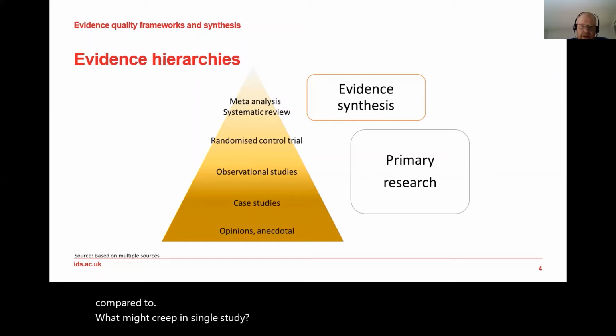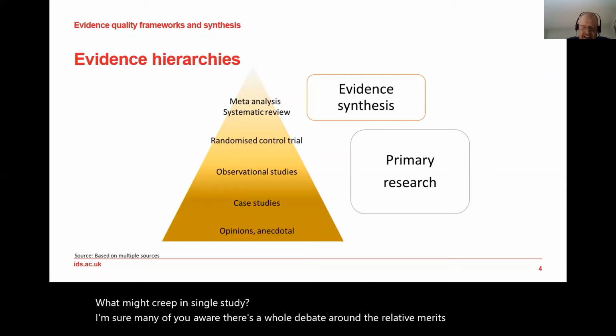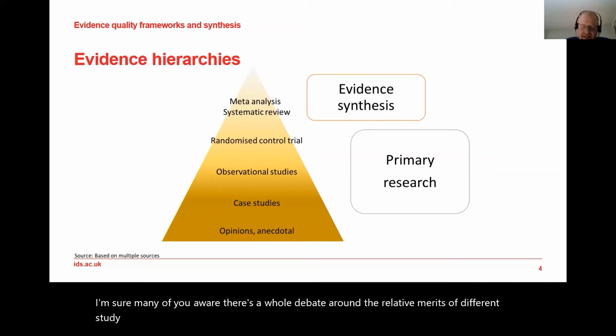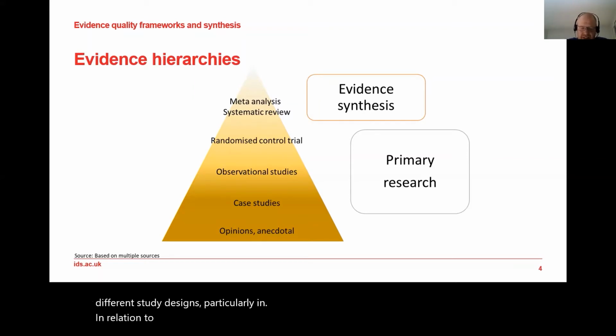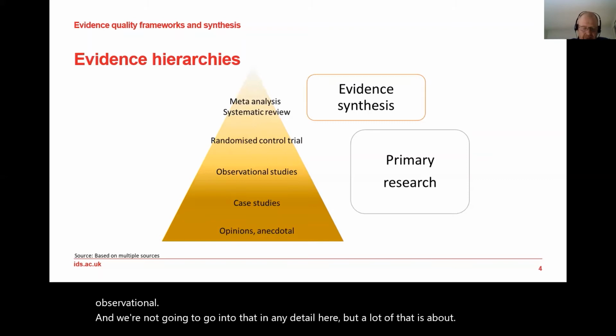Now, I'm sure many of you are aware there's a whole debate around the relative merits of different study designs, particularly in relation to primary evidence generation. So whether experimental is really better than observational. And we're not going to go into that in any detail here, but a lot of that is about whose knowledge counts when it comes to evidence use.